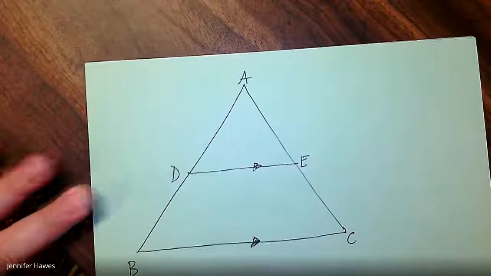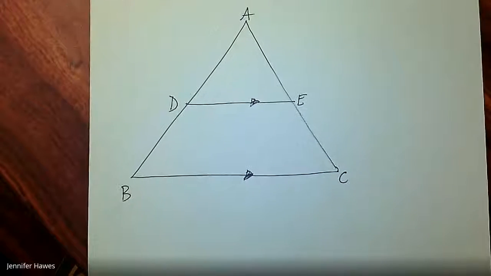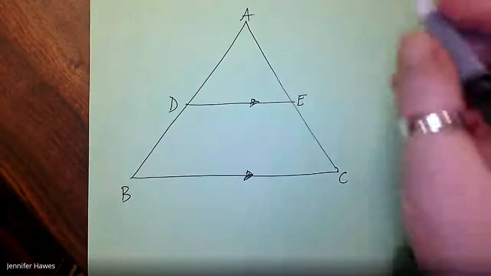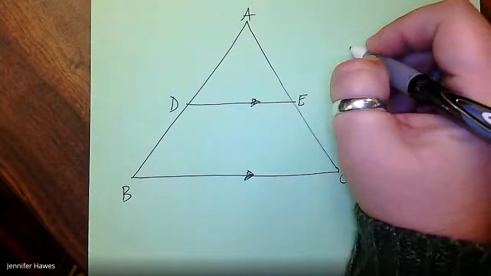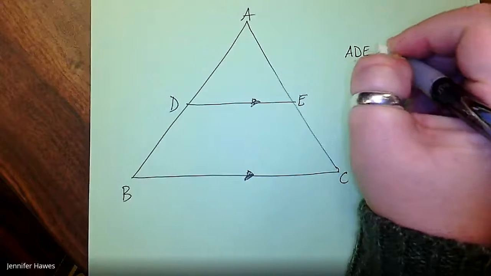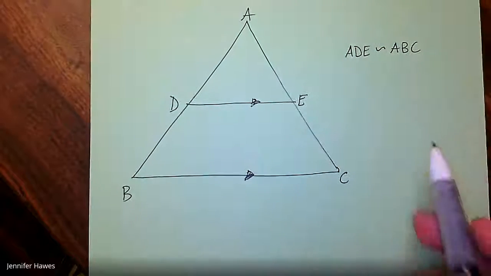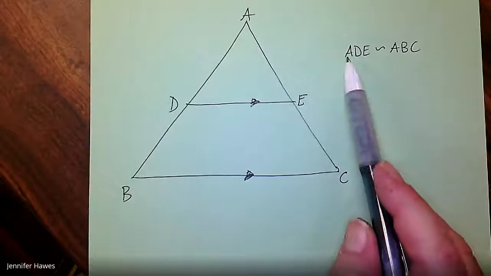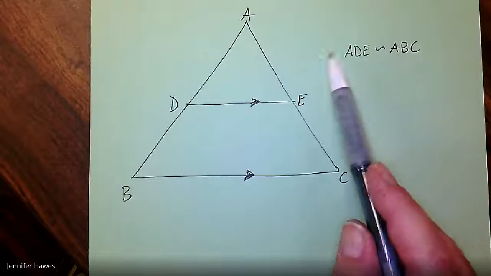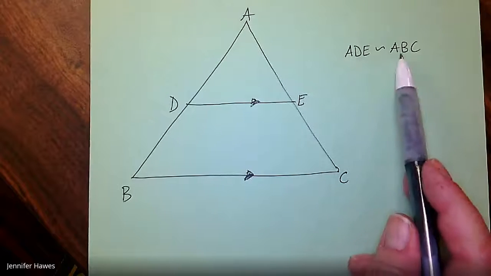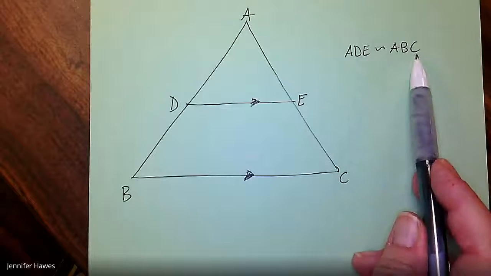I believe it looked like this. There was my triangle, and I said that triangle ADE was similar to triangle ABC. Remember what that told me. It told me a lot of information: angle A is the same, obviously, they share it. Angle D and angle B are the same. Angle E and angle C are the same.